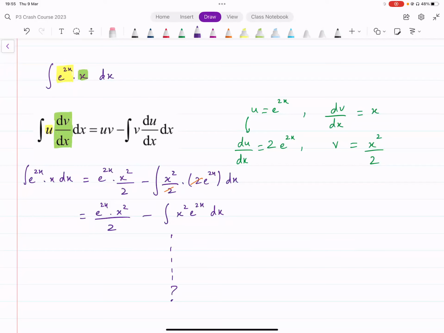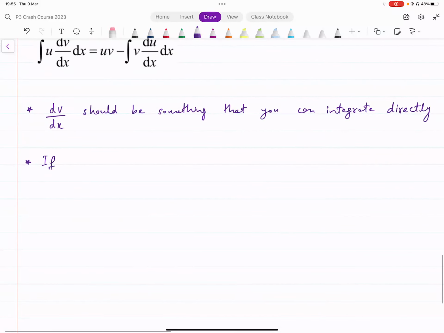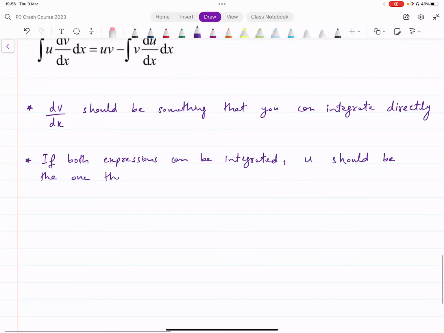If both expressions in the product can be integrated, in that case, u should be the one that becomes simpler after differentiation.